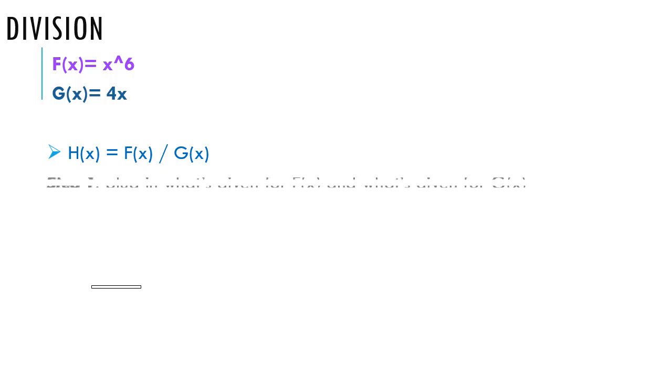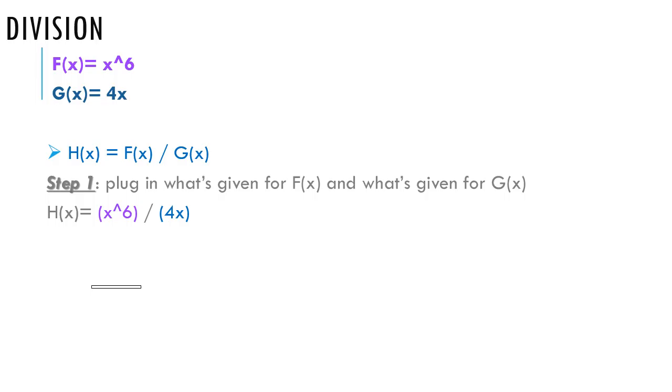So step one is to plug in what's given for f of x and what's given for g of x. Like so, h of x is equal to x to the sixth divided by 4x. All we did was plug in what was given previously. Our second step is we're going to set f of x over g of x, like so.